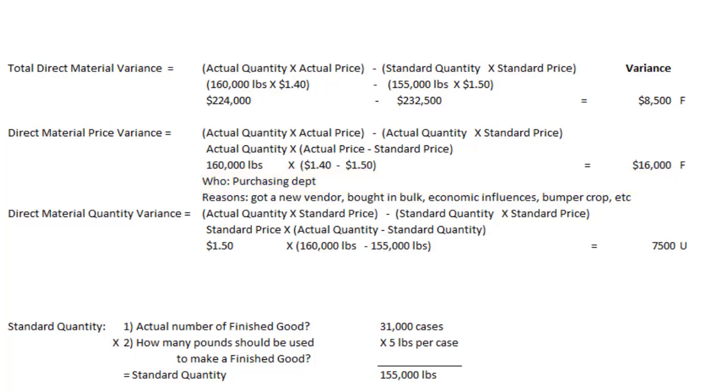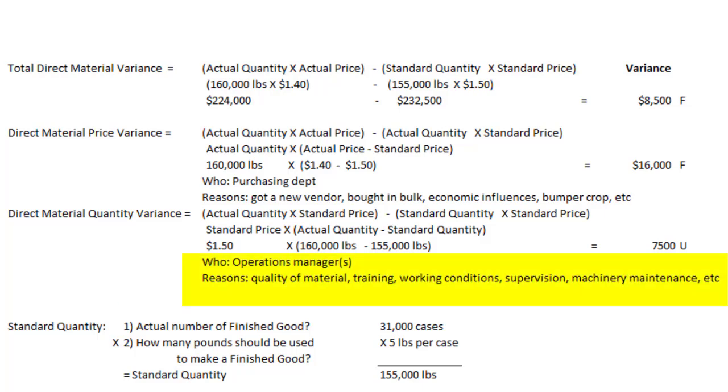Looking at material quantity variance, that has to do with efficiency. That has to do with being efficient with the use of our material. So who do you speak to? Well, you have to go to operations and see what the employees are doing in the factory. Some reasons that they might find for the efficiency being, in this case, worse, could be the quality of material. I mean, if the potatoes are rotten, then they have to throw a lot out.